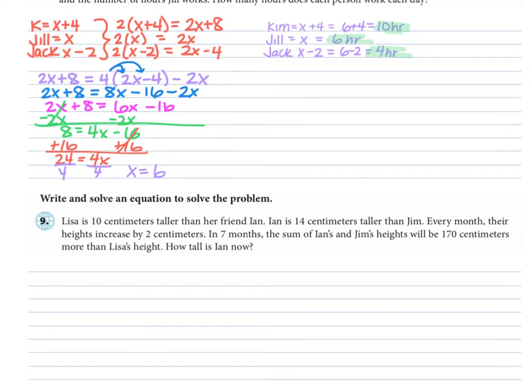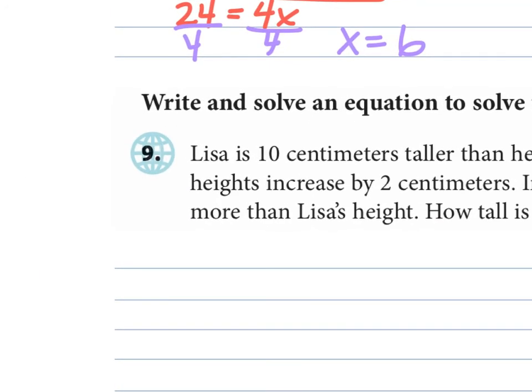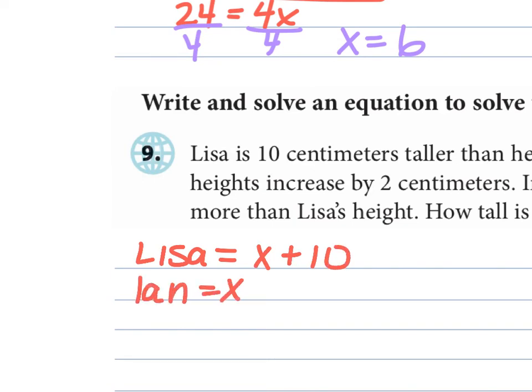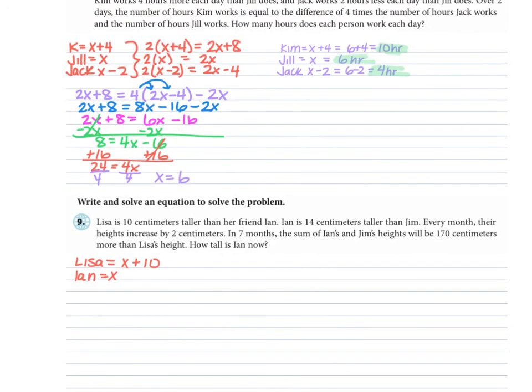Okay, so start from the beginning. Lisa is 10 centimeters taller than Ian. So Ian's going to have to be x, and Lisa is x plus 10. We said that Ian is x. From here, it tells us that Ian is 14 centimeters taller than Jim.